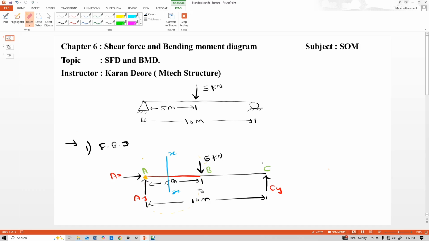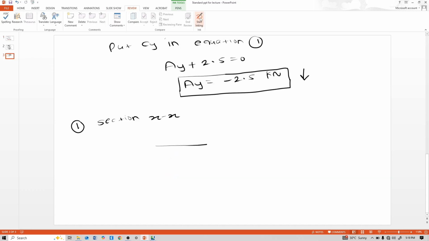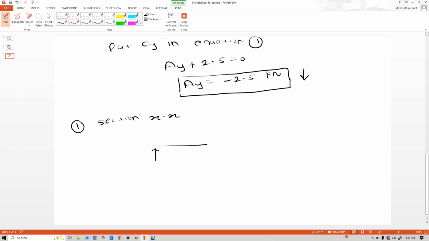So AY is this, minus 2.5 kilonewton, and this AX is 0. That's why no need to write it, and we need to draw the shear here. So see, this is positive shear and positive moment.